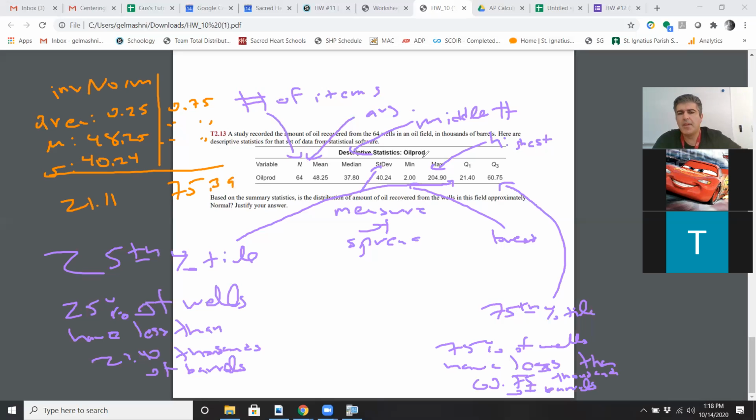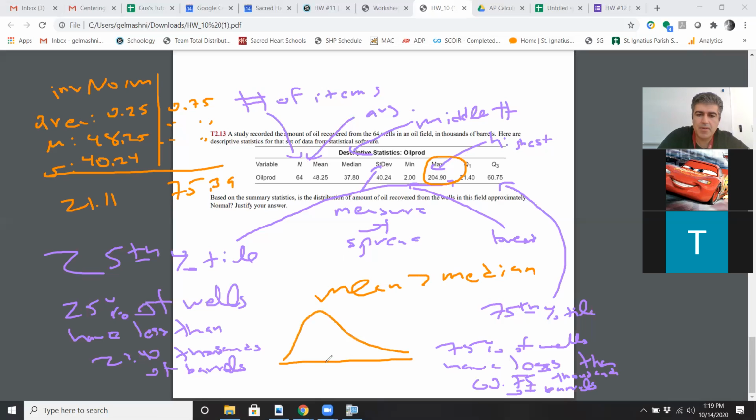So see, that seems a little off to me. Also, the mean is bigger than the median. So it seems as though the data is being pulled to the right, probably by that max. So actually that max does kind of matter, even though I did say I didn't really care about it. So my median's here. My mean is here. So it's skewed to the right. So I'd say no. And that'd be one reason.